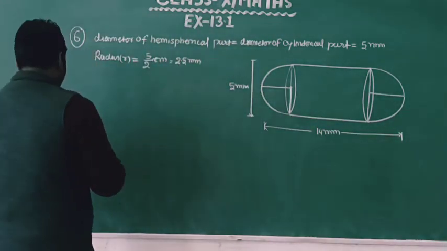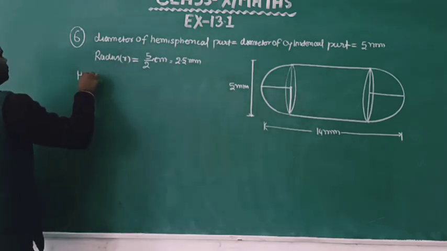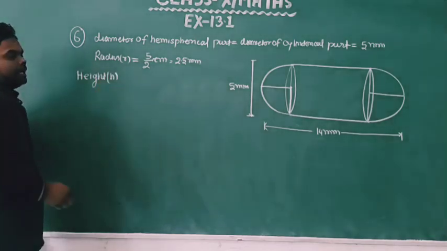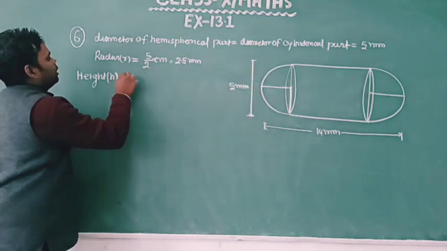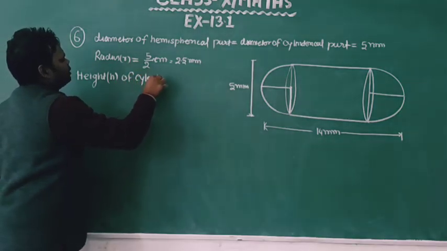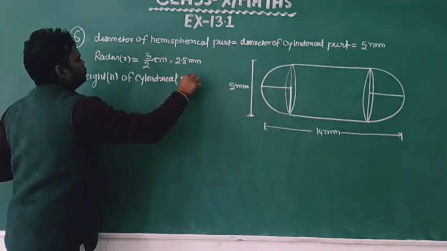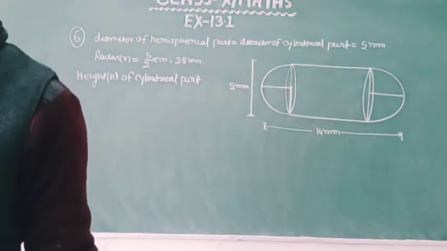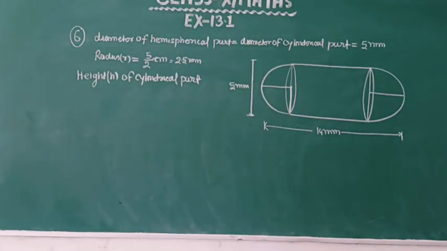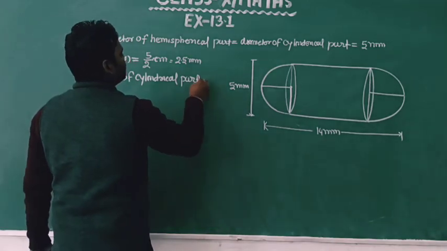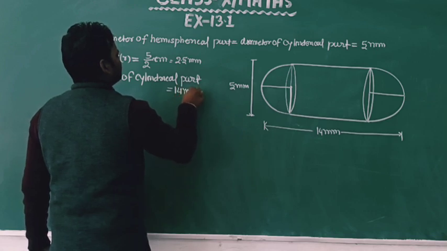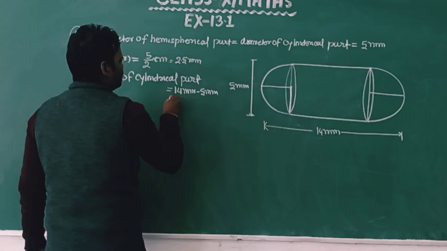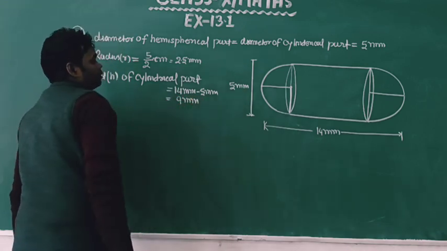So the height h of the cylindrical part is 14 mm minus 5 mm, equal to 9 mm.